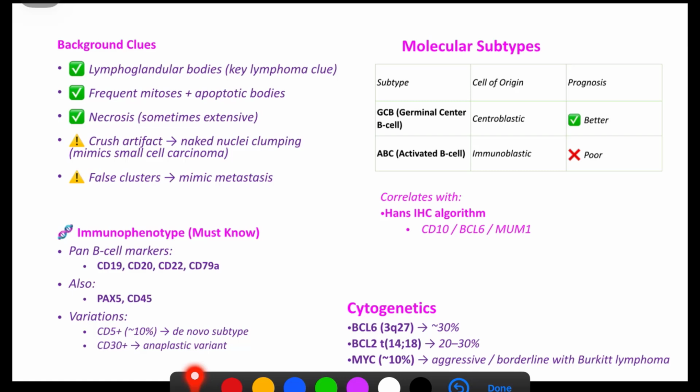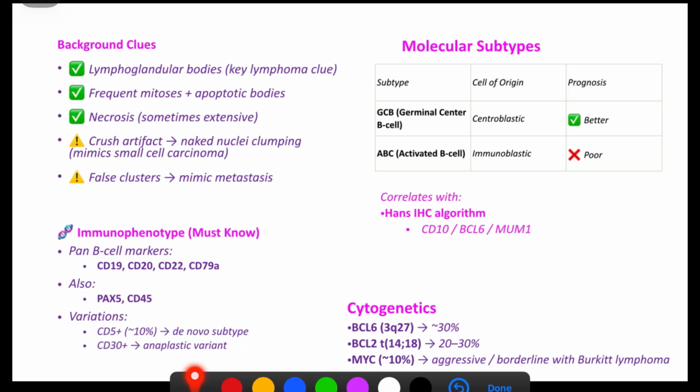So germinal center B cell arises from centroblastic cells and has a better prognosis, while ABC, which is activated B cell, arises from immunoblastic origin, so it has a poor prognosis. Here we have to correlate with the IHC algorithm. We will see it in the next slide.